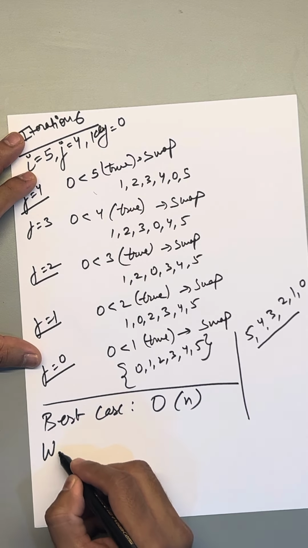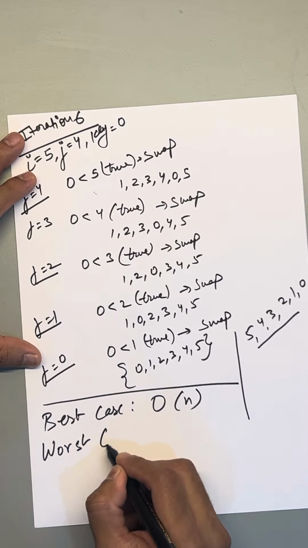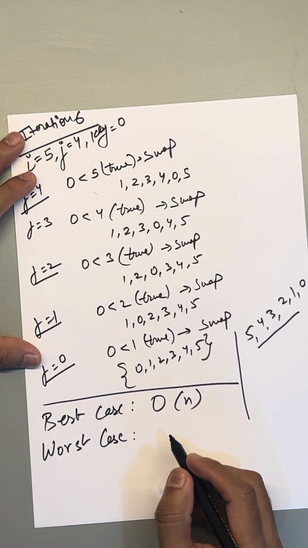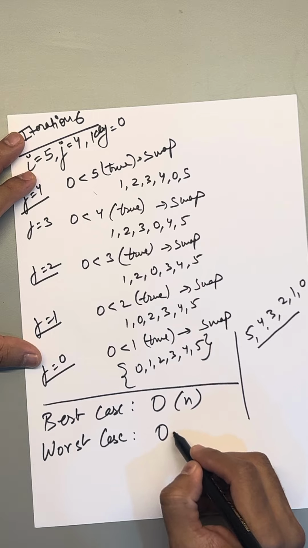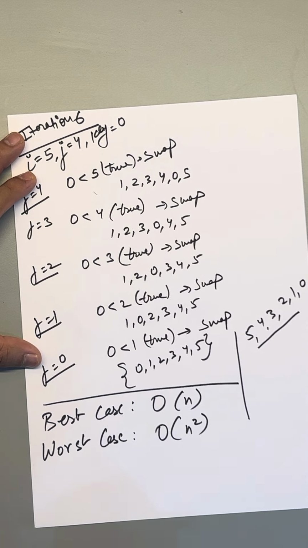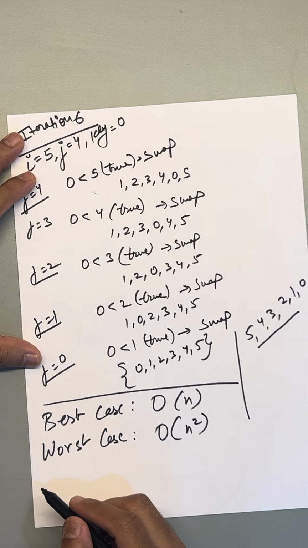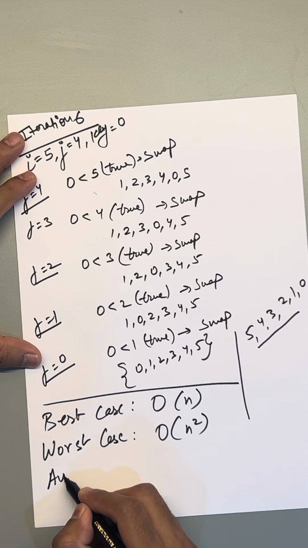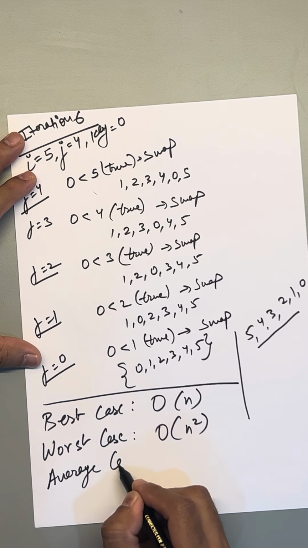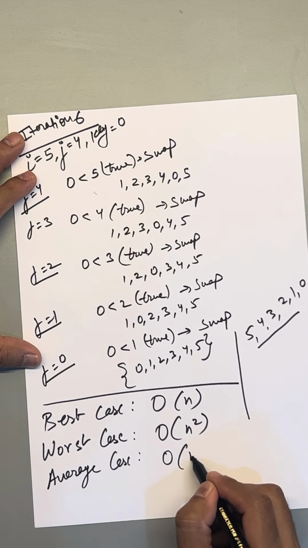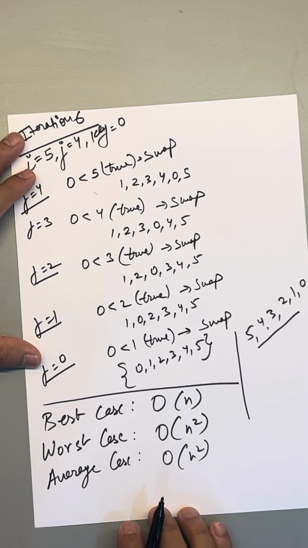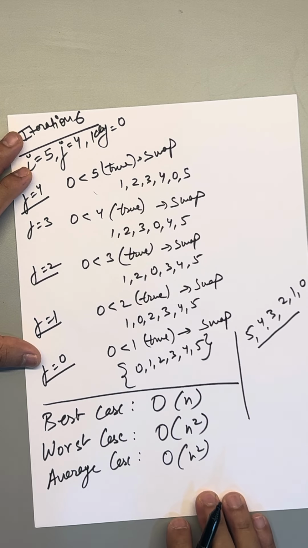The worst case should be O of n squared, since we are looping in two nested loops, and the average case here will be n squared, because in any condition we have to loop through two nested loops. So this is insertion sort.